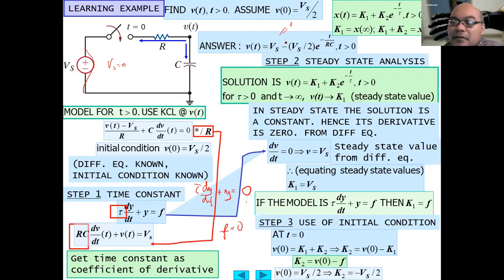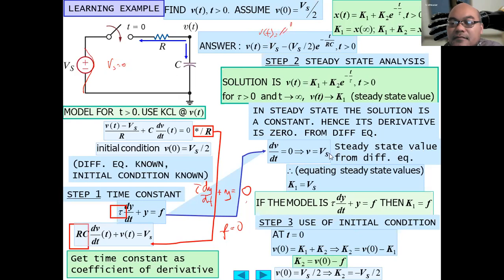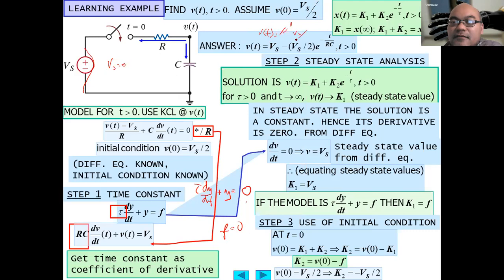So instead of the earlier solution, we will only have V(t) equals Vs over 2 exponent minus t over RC. If the Vs is just short-circuited, we have only this kind of circuit.